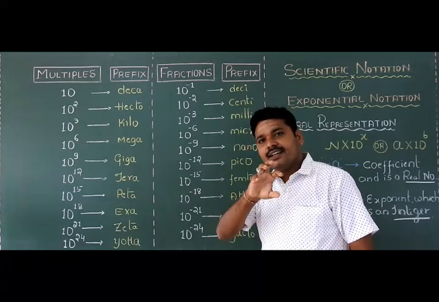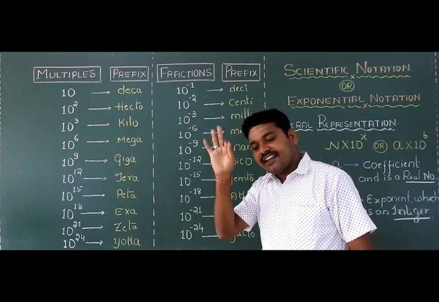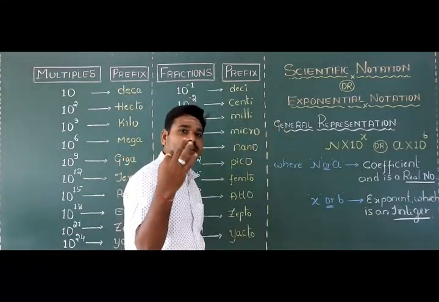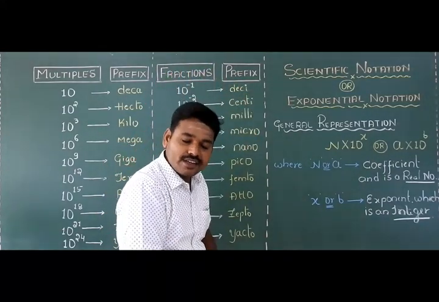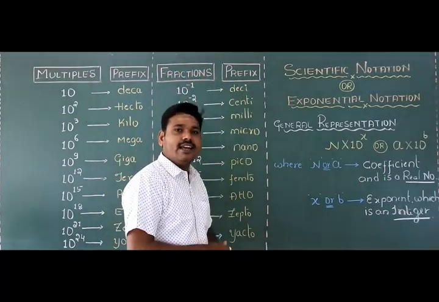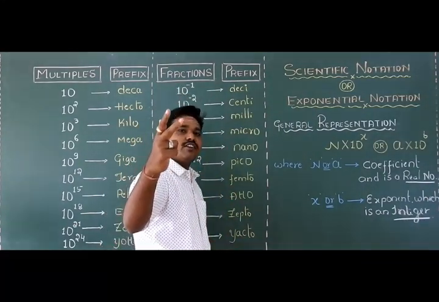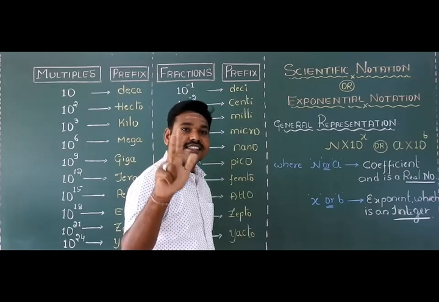Here three different scales of temperature are used. Tell me, students, what are the three different scales of temperature? First is the Celsius scale, second is the Fahrenheit scale, and the third is the Kelvin scale.